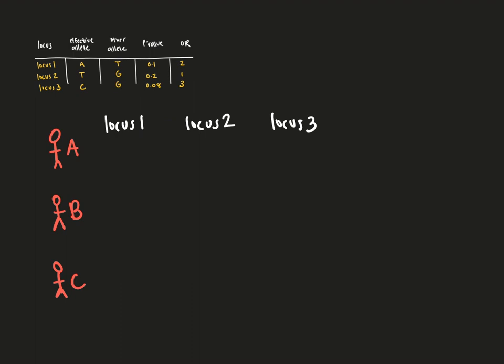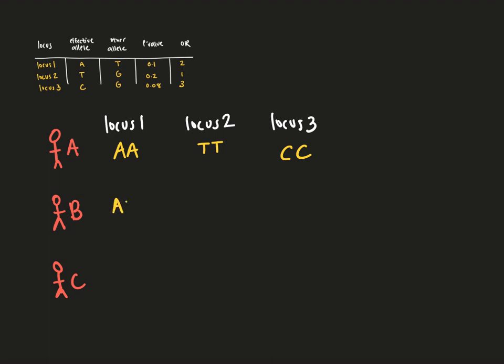And now let's say I have genotype information for 3 individuals at these 3 loci. So I have individual A, B, and C. Individual A is, let's say, homozygous AA at locus 1, homozygous TT at locus 2, and homozygous CC at locus 3. Let's say that individual B, we genotype them.